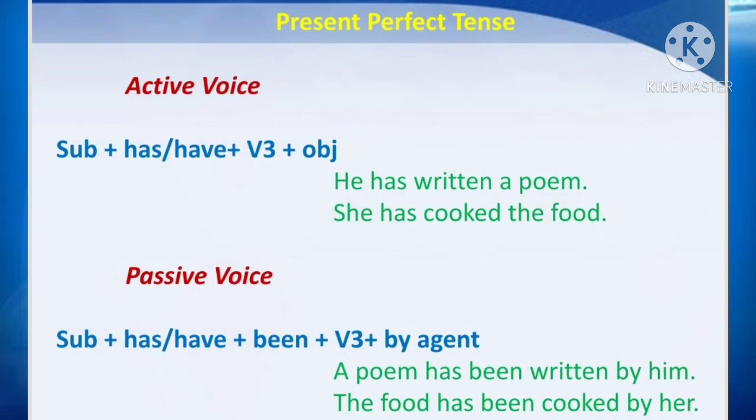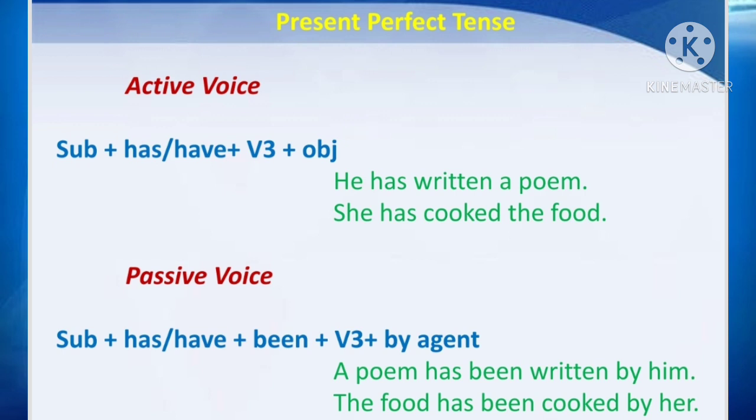Next, we will study how to form a present perfect tense sentence in active voice and passive voice. Present perfect tense, the active voice and passive voice, the rules are given there. Active voice, rule is subject plus has or have plus V3, that is past participle form of the verb, plus object.